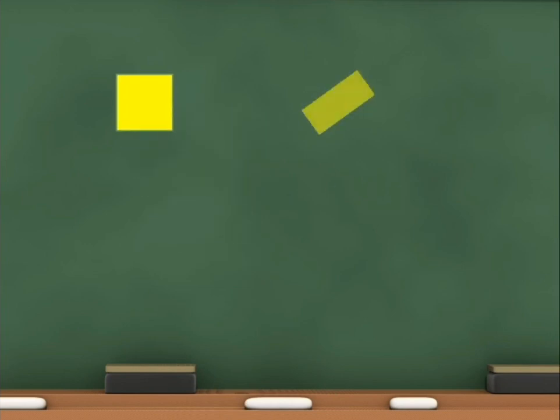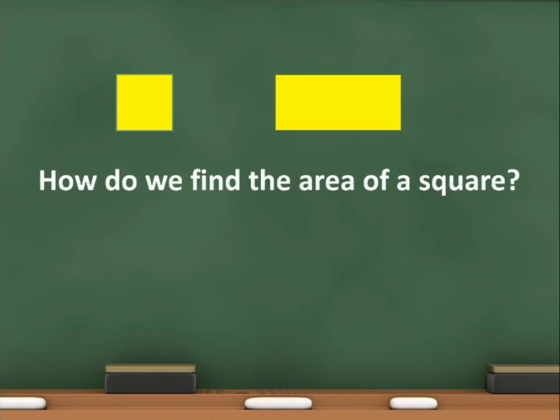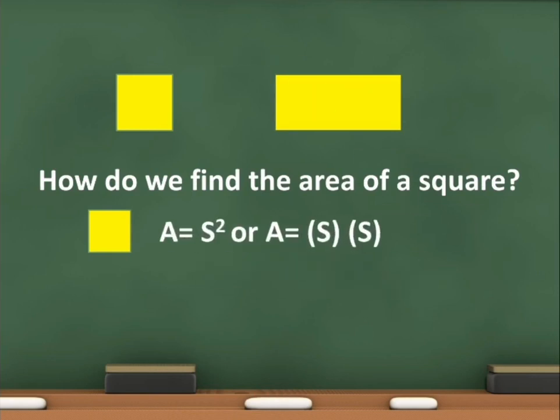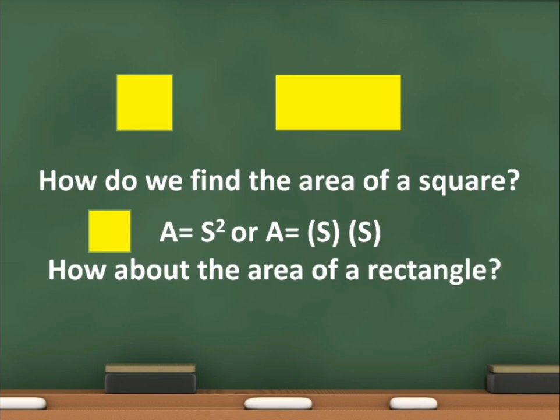So a square and a rectangle. So how do we find the area of a square? So area is equal to s squared, or side times side. So how about the area of a rectangle? Area of a rectangle is length times width.